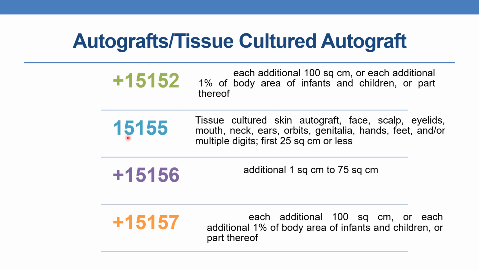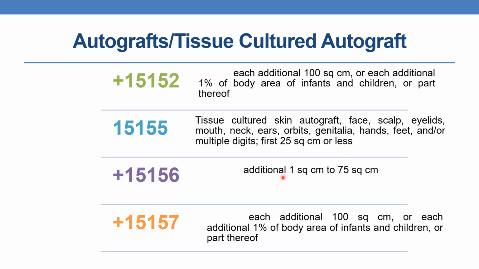Now coming to the next code, 15155, which is tissue cultured skin autograft for face, scalp, eyelids, mouth, neck, ears, orbit, genitalia, hands, feet and or multiple digits, first 25 square centimeters or less. Next is an add-on code, plus 15156.